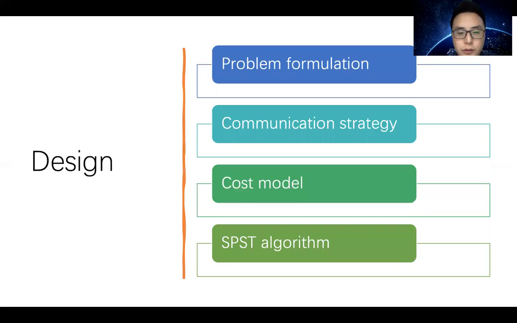Now, let me introduce the design of the communication planning. First, we formulate the communication and then define the communication strategy of each vertex, which is the solution space. Next, we build a cost model to estimate the cost of a communication strategy and use the cost model to guide the algorithm.